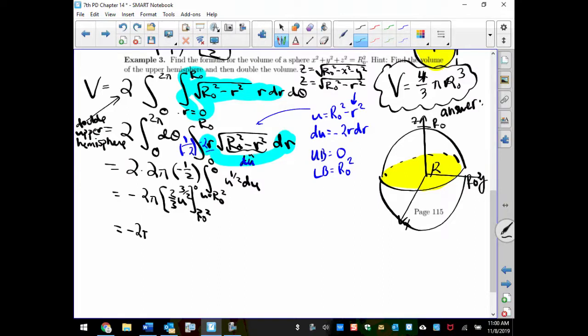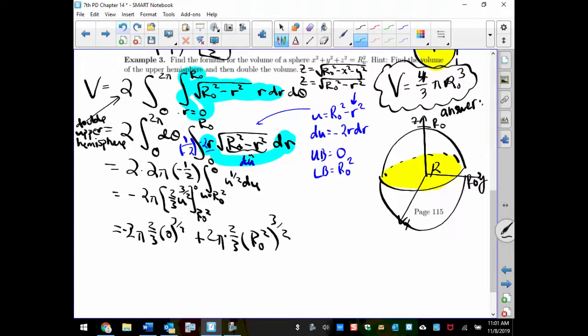You get negative 2 pi, 2/3, 0 to the 3/2, minus negative 2 pi, 2/3, r0 squared to the 3/2.